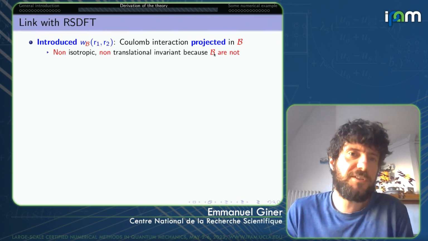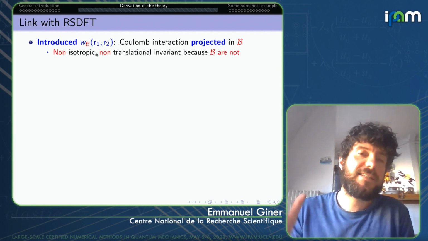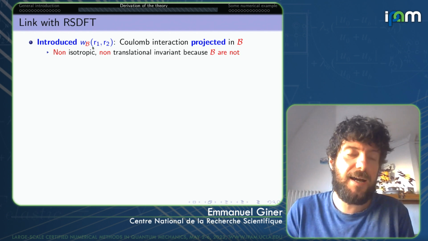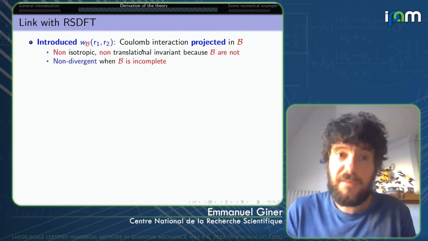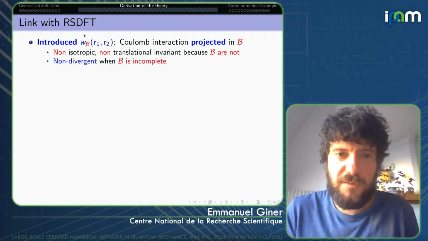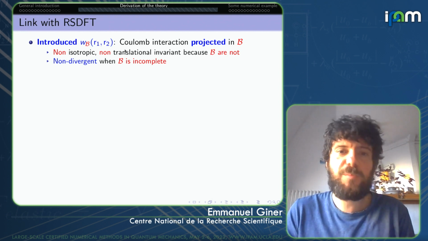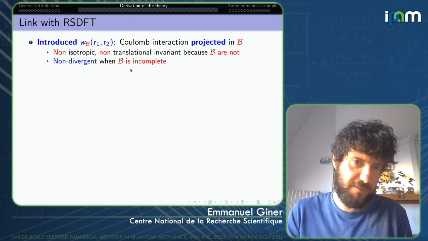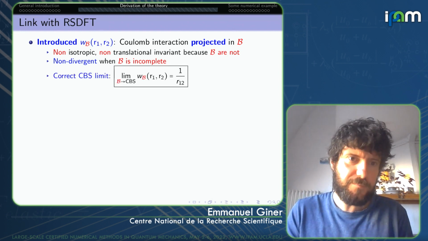And this is why, of course, projecting the Coulomb interaction in that basis kills the beauty of the isotropicity and the translational invariance. But this function that we introduced is non-divergent when the basis set is incomplete, just as the interaction in range-separated DFT. And this comes naturally in the derivation.